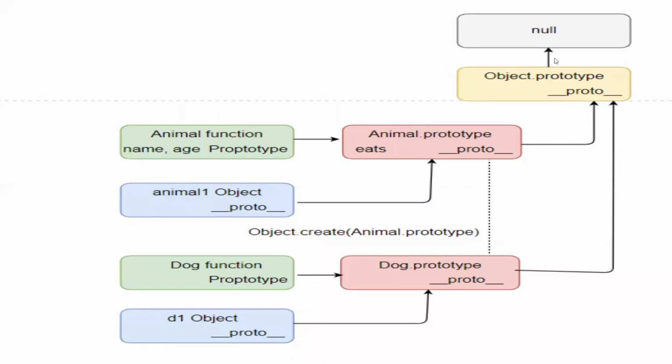And if we go further down, there is a null. This was the first flow that we discussed. Then from the animal, I created an instance animal1. That was an object pointing to the animal prototype. So whenever we call animal1.eats, it was able to access that eats function in the chain.